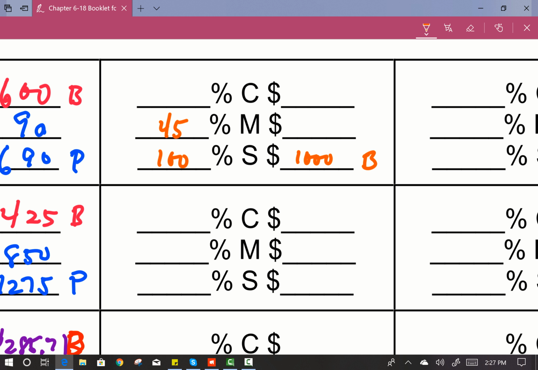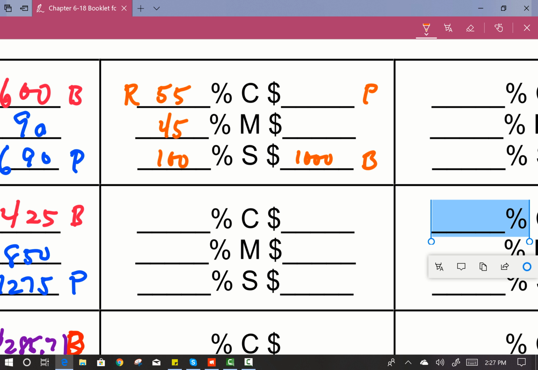Okay, I'm going to go to the first place that I can add or take the difference. And the difference between the markup and the selling price is 55%. I'm going to make that the rate and go straight across and make this a part. So I have a value for the base, I have a value for the rate. I'm solving for the part, and the part is equal to the base times the rate.